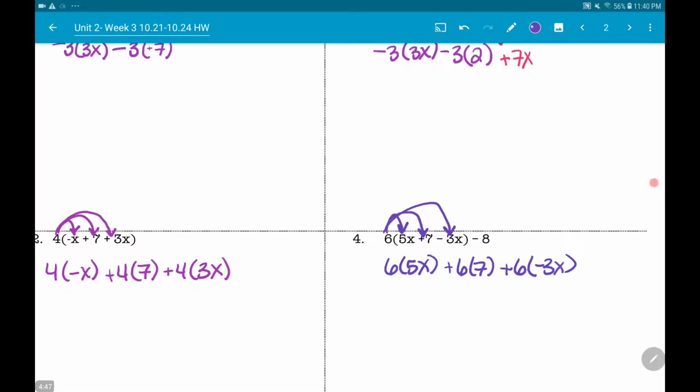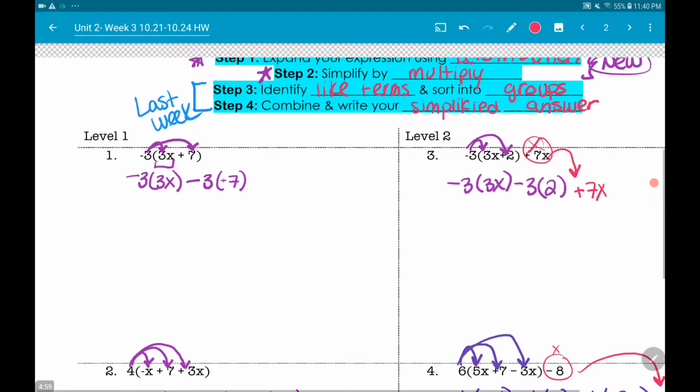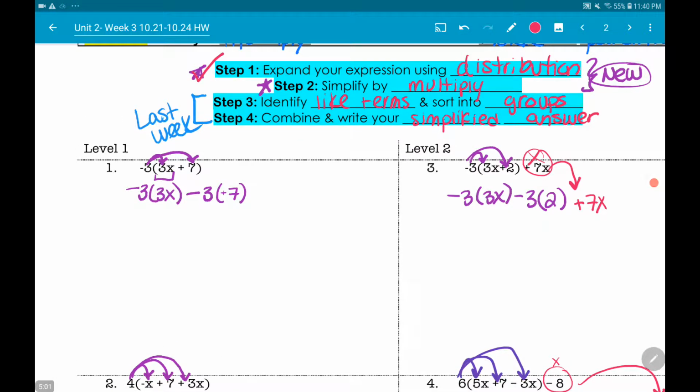Do I distribute to the -8? No, because it is on the outside, but I do have to remember to bring it down. All right, so that was step number 1. That's our expanding using distribution.